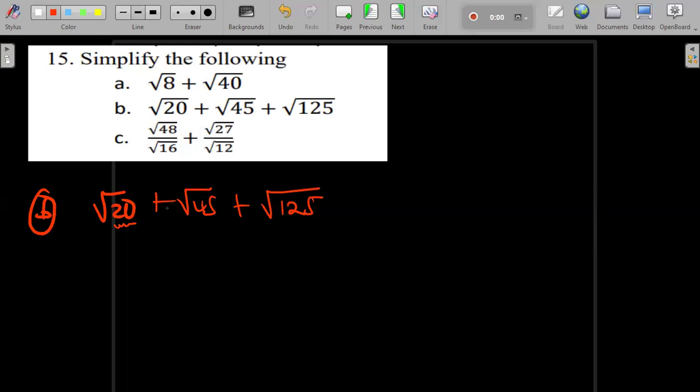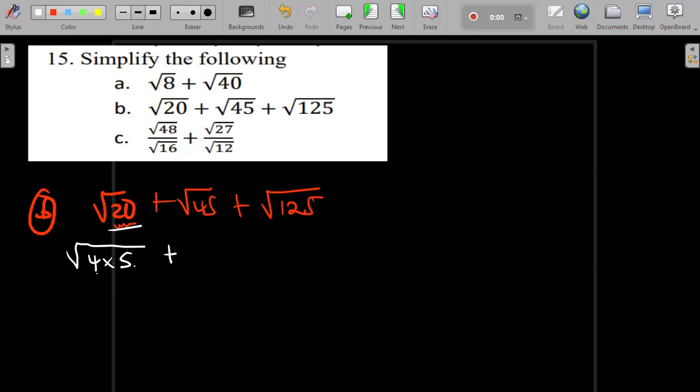If we can find those two numbers, then we can simplify this. So we start with the root of 20. We know that the root of 20 is the same as 4 multiplied by 5. This 20 here, you get it by multiplying 4 and 5. So we can write the root of 20 as the root of 4 multiplied by 5.